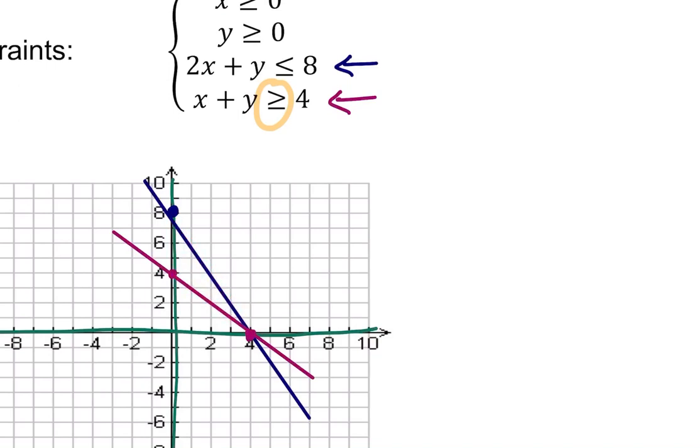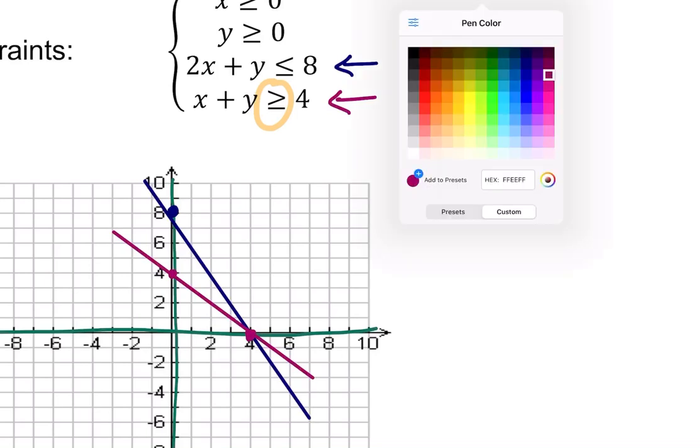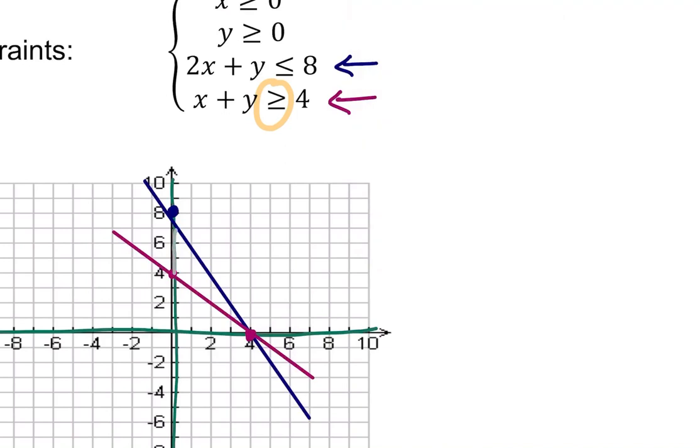So let me shade it with a different color so you can see it better. Let's go with some sort of gray. So this is the region that we are interested in.